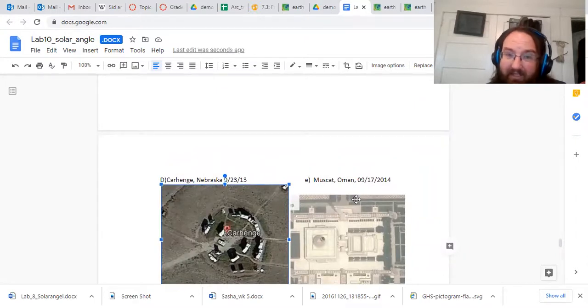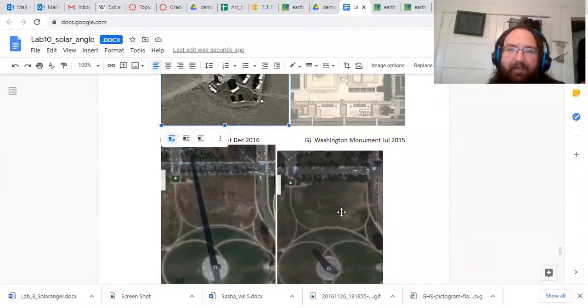Notice how in September the shadows are very different from here. And it doesn't have to be a religious place to cast a shadow. Our very own Washington Monument also has a very distinctive shadow, and that shadow is going to look very different in December than it's going to look in July.